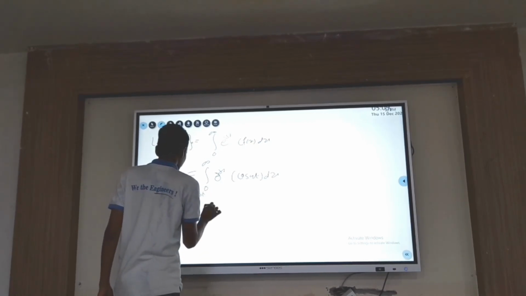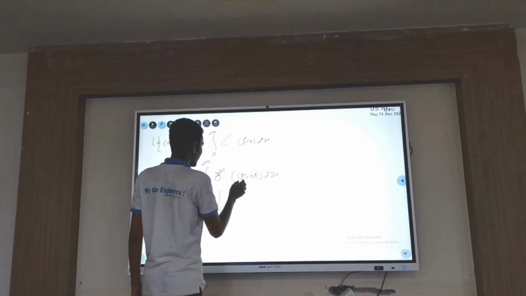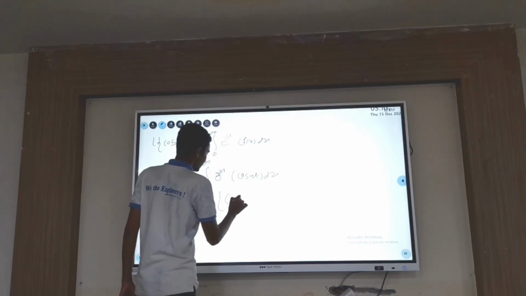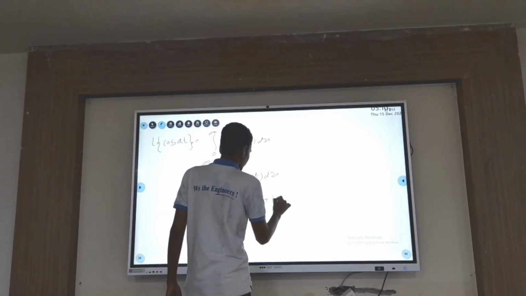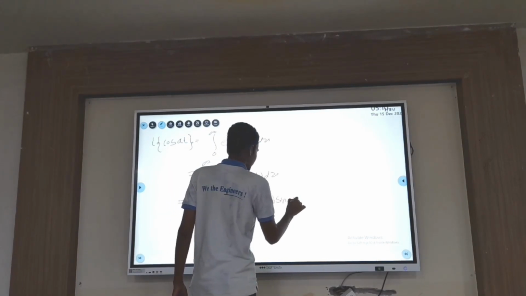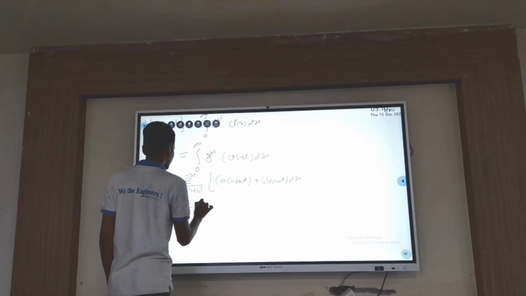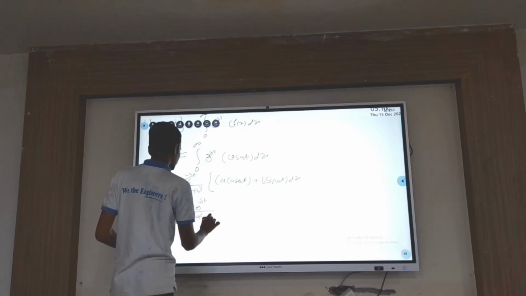So we apply in this example a cos bt plus b sin bt into dt. So e raised to minus st upon a squared plus b squared.